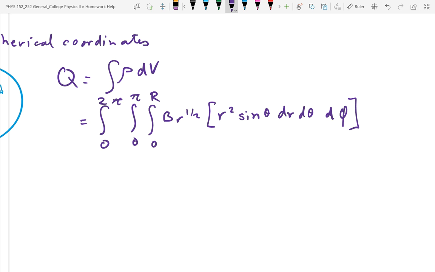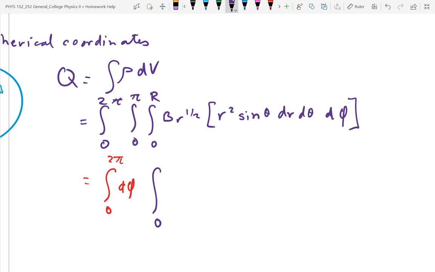All right. Is this an easy or hard integral? It's a triple integral. Is it easy or hard? It's easy. It's easy because that's equal to the integral from 0 to 2 pi of d phi. You have to make sure you know which angle goes with which limit.